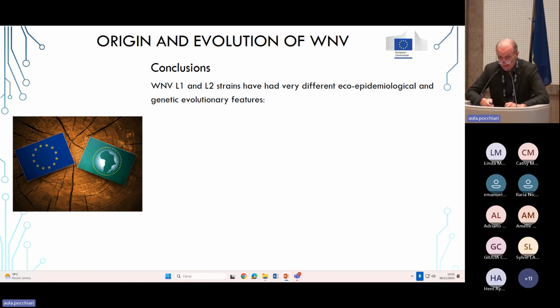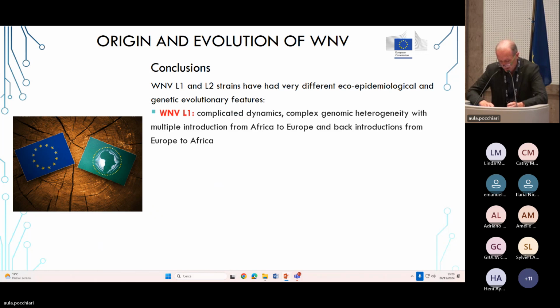The conclusion of this study is that lineage 1 and lineage 2, as you have seen, had very different eco-epidemiological and genetic evolutionary features. You've seen that lineage 1 has been characterized by complicated dynamics and complex genomic heterogeneity, with multiple introductions from Africa to Europe, and also evidence of back introductions from Europe to Africa.